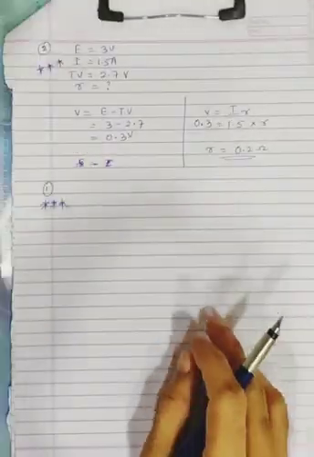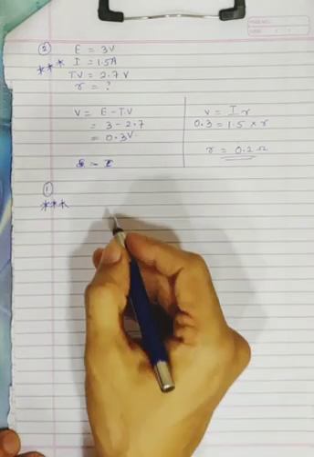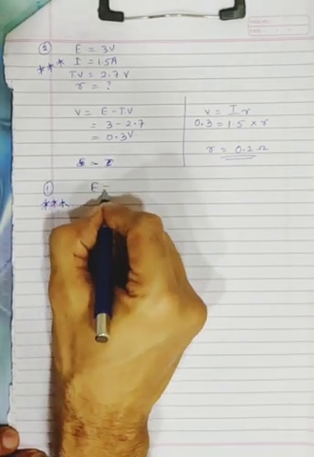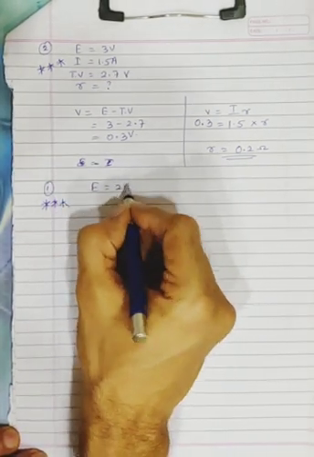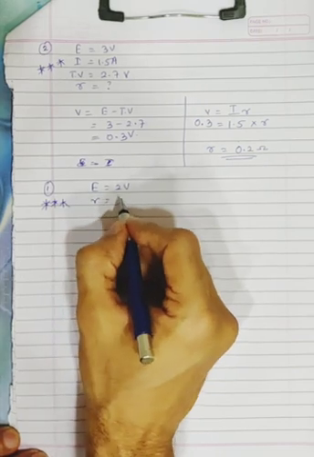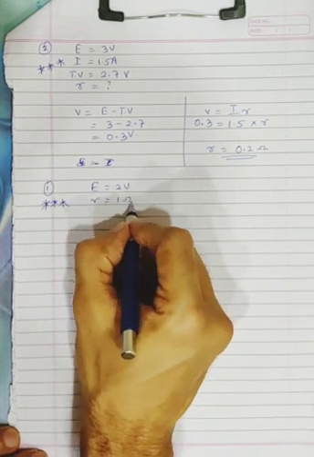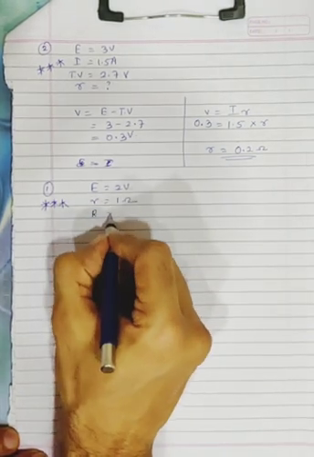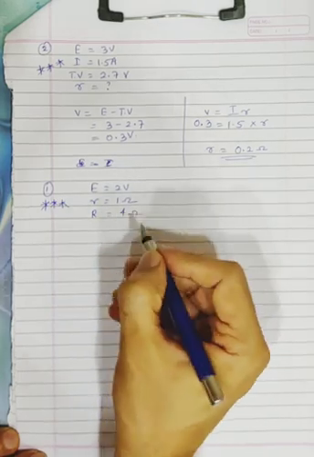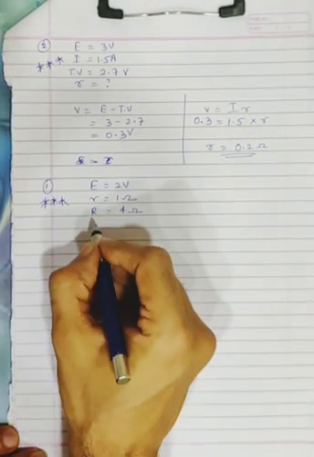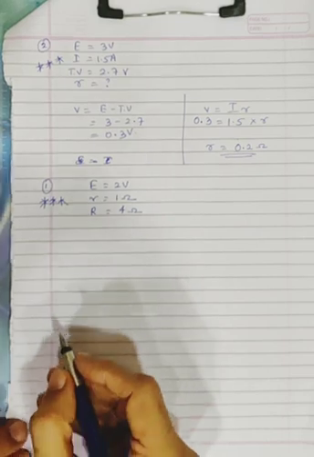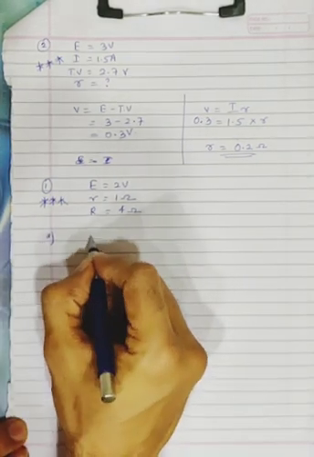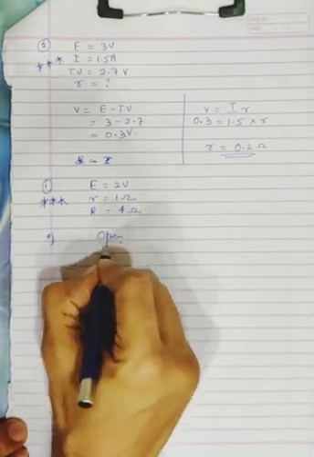Okay, so we'll just write down the data first. That EMF is equal to 2 volt, small r is equal to 1 ohm, capital R is equal to 4 ohm. Okay, so this is the data given. Now the first part of the problem is, what if it is open circuit?